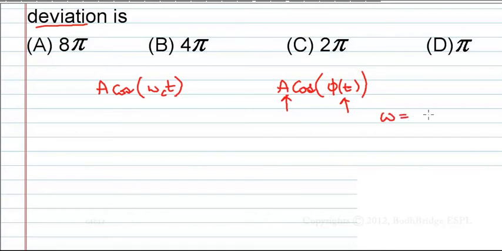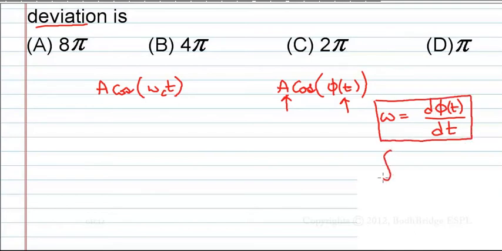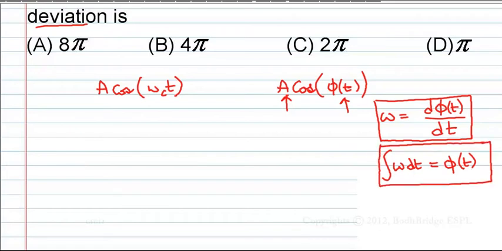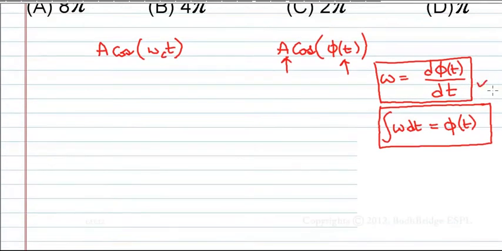Omega is equal to d phi of t by dt. The differentiation of phase is nothing but frequency, or integration of frequency with respect to time is nothing but phase. These are both definitions you should understand.